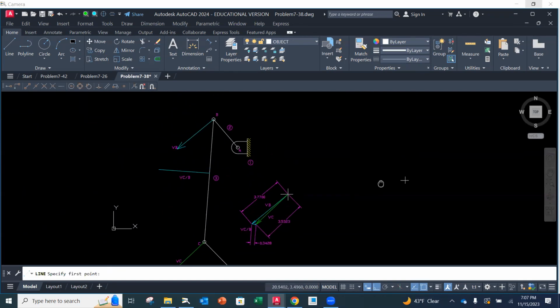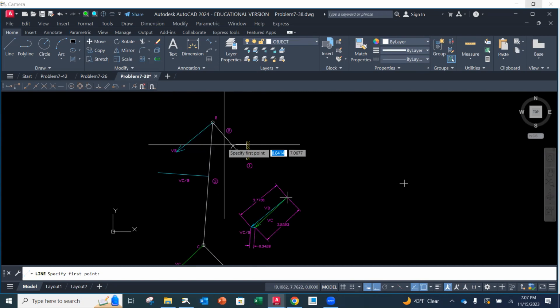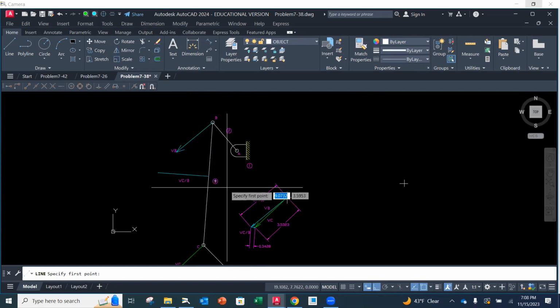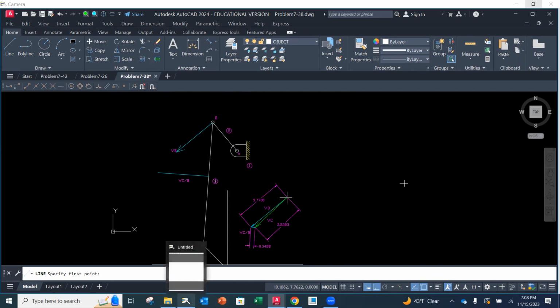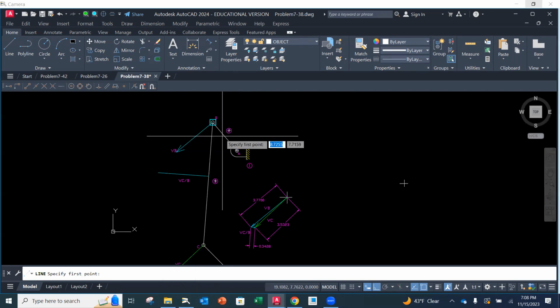Now we're going to start with the side that we know the most, which is the normal acceleration of point B. We know that the magnitude of it is going to be 4.73, and it is going to be along a line in the same direction as link number 2. So I am going to copy link number 2 here.